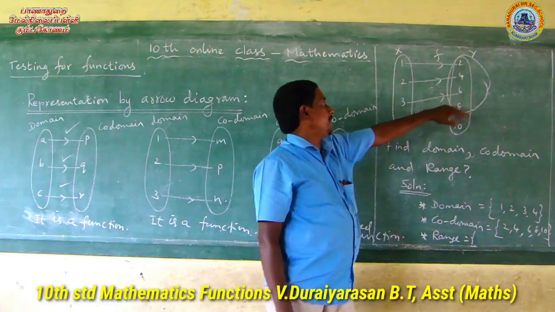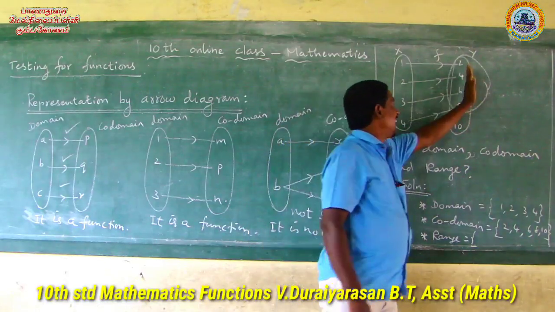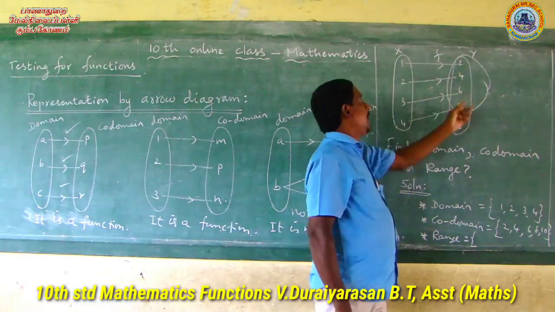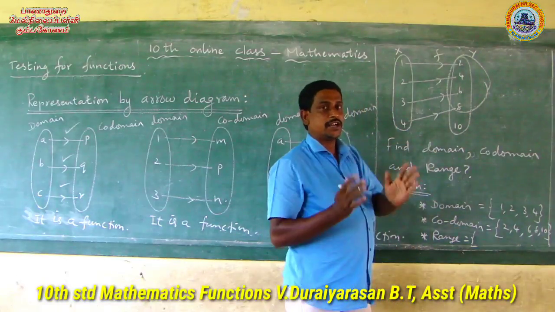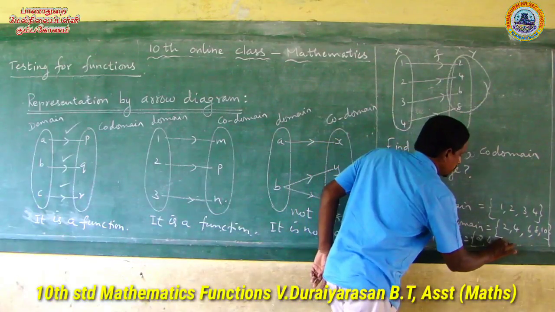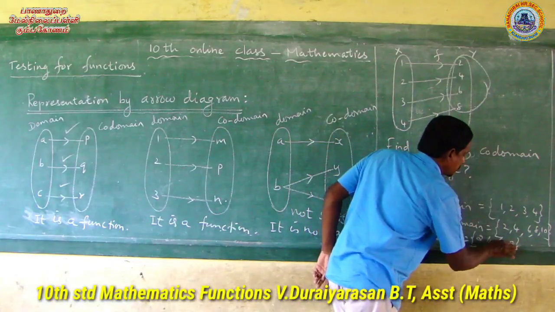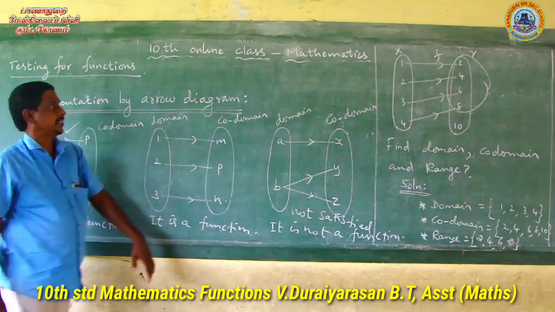What are the elements? 2, 4, 6, 8. Only the elements of Y connected with domain elements are called the range. So 2, 4, 6 and 8 is the range.